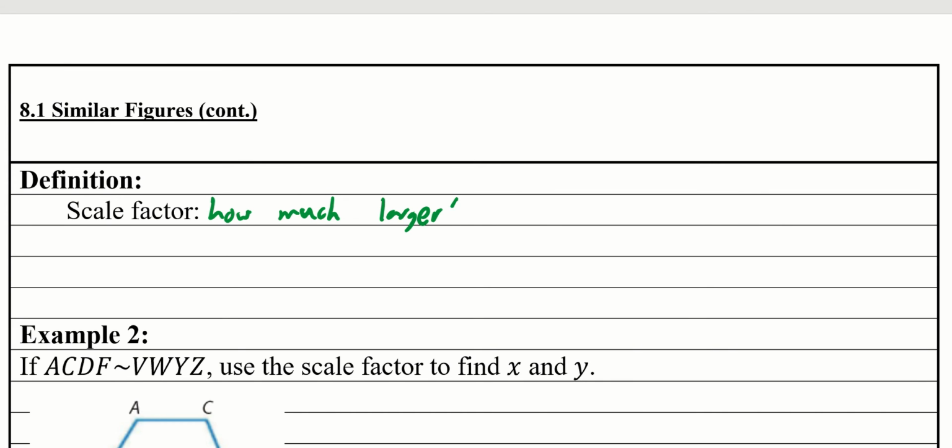The scale factor is how much larger or smaller one similar shape is to another. It's telling us how much larger or how much smaller one shape is to another that is similar to it. So let's just use our example here.